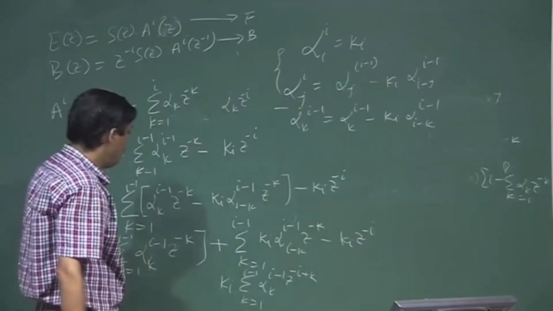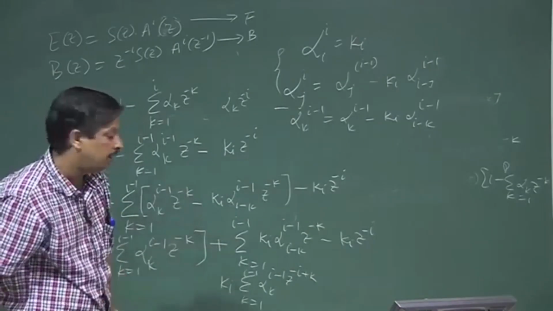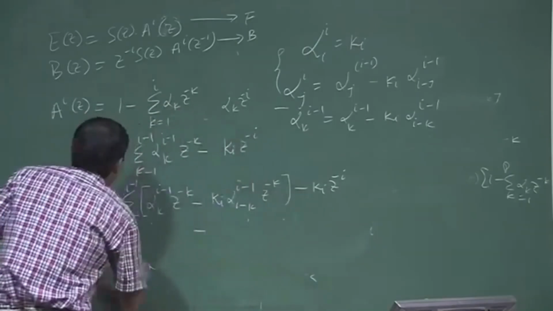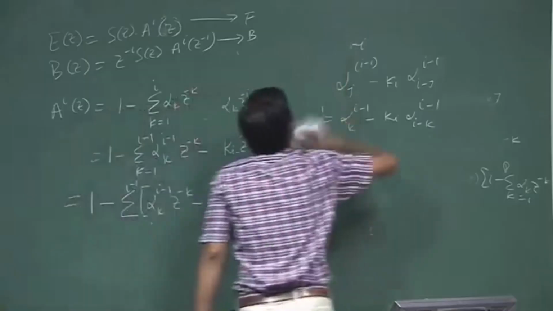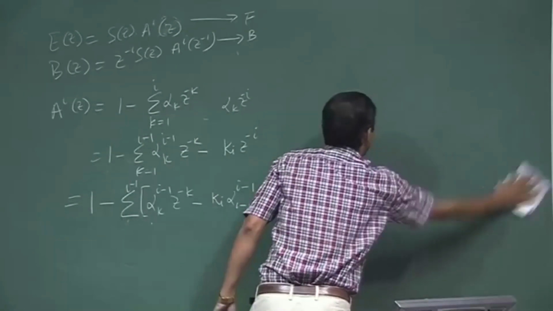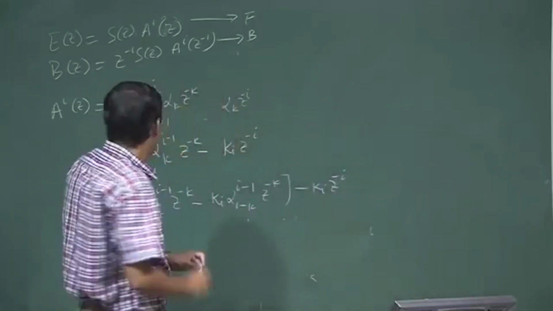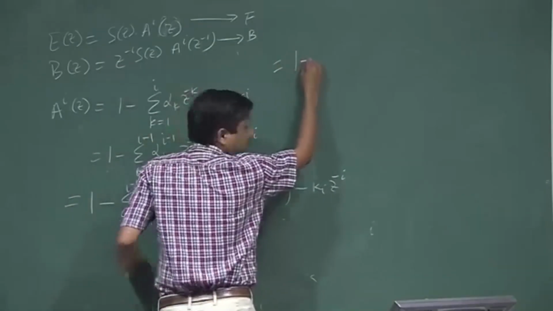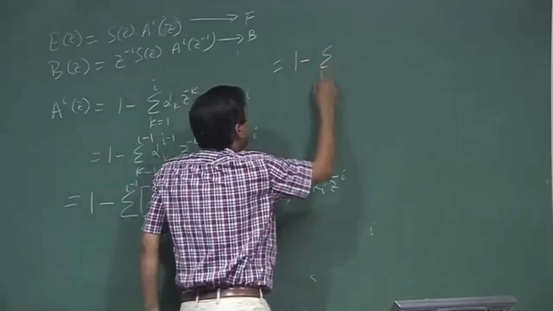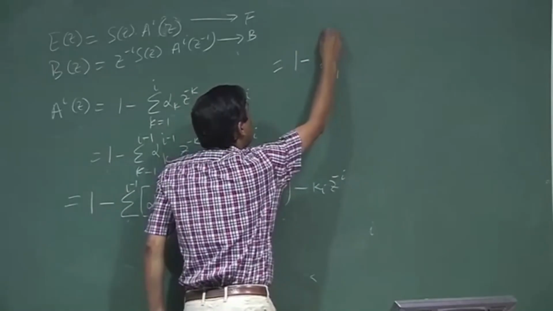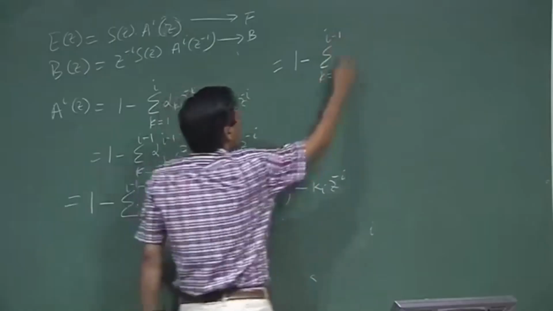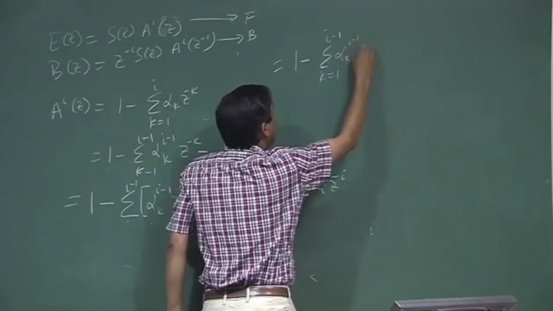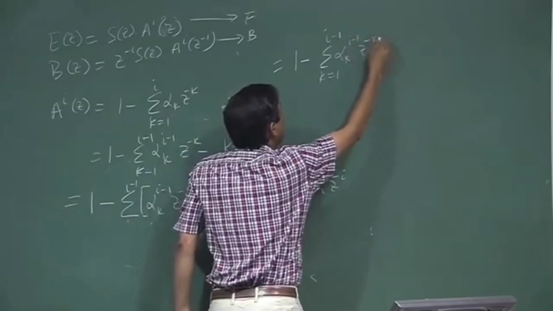I will do it here. So, I can write from here that it is equal to 1 minus the sum over k equal to 1 to i minus 1 of alpha k i minus 1 z to the power minus k.